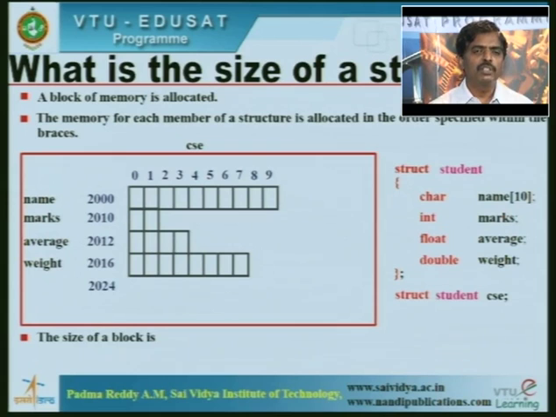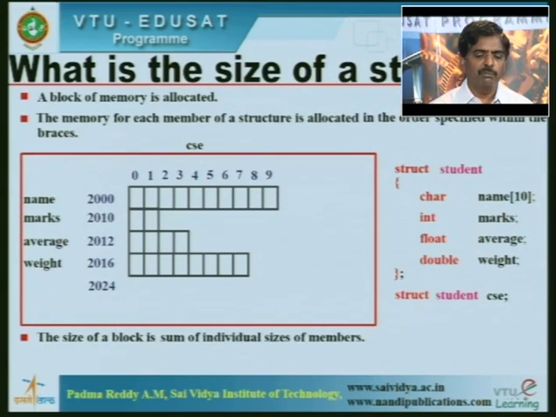Okay, now let us see what is the size. If you observe, the size of a block is the sum of individual sizes of the members. So how many members are there? 4 members: name, marks, average and weight. Name takes how many bytes? 10 bytes, 2000 to 2009.